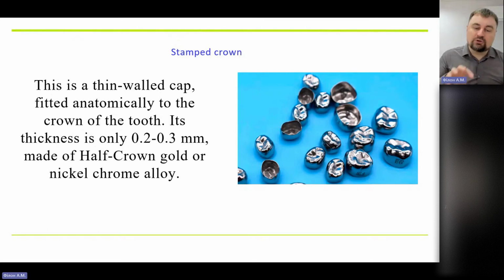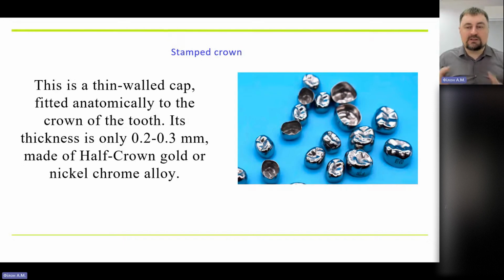And when doctors glue and place this kind of crown on the tooth, the form of the crowns is not very good, and you can make pressure on the soft tissues around the teeth and make them bleed, later get inflammation, a lot of granulation tissue around it, bad smell, and all of this is going to first make gum pockets, later pockets in the bone around the teeth, and later we can see moving of the teeth.